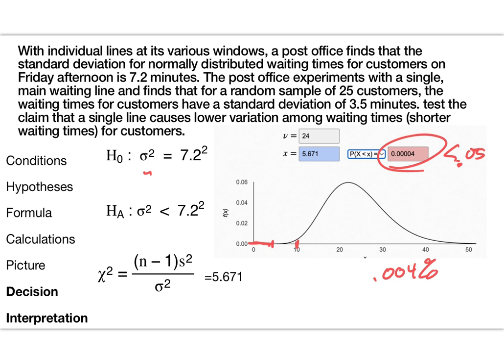The interpretation: since the likelihood of this happening by chance is only 0.004%, there is significant evidence to show that the variances will indeed decrease by using the one-line method on Friday afternoons.